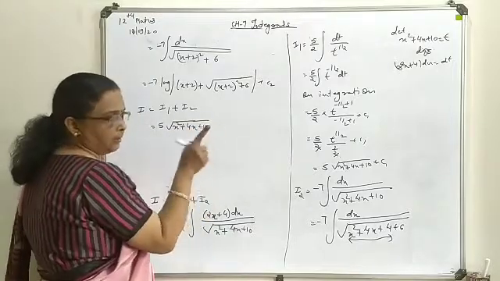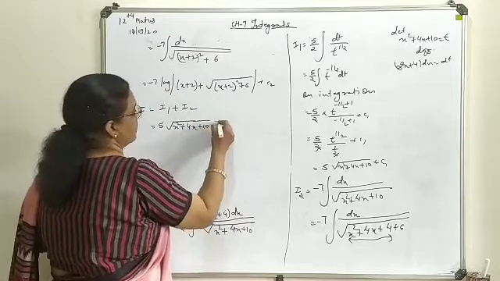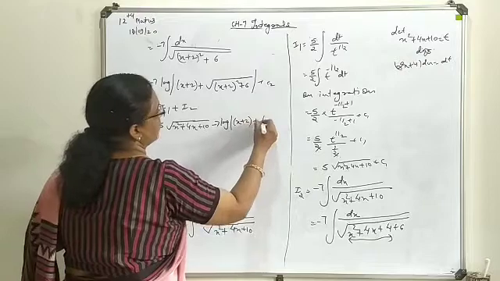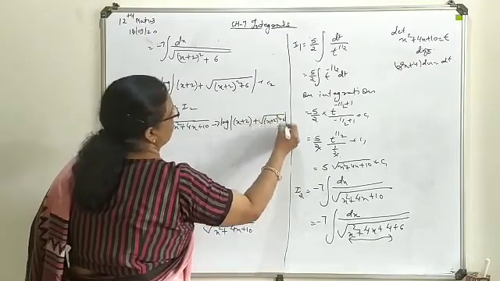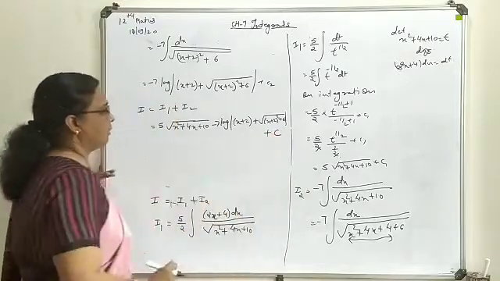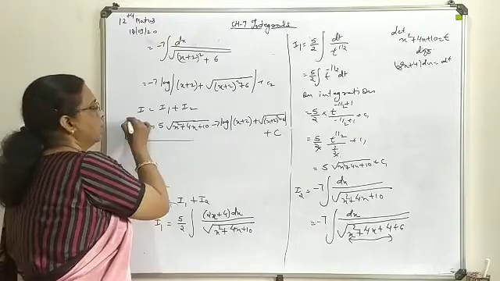The I2 constant we will replace by a single term only. So I2 we are having is minus 7 log of x plus 2 plus under root x plus 2 whole square plus 6, and on combining C1 and C2 you can produce one constant term. So this will be your final answer form as I.